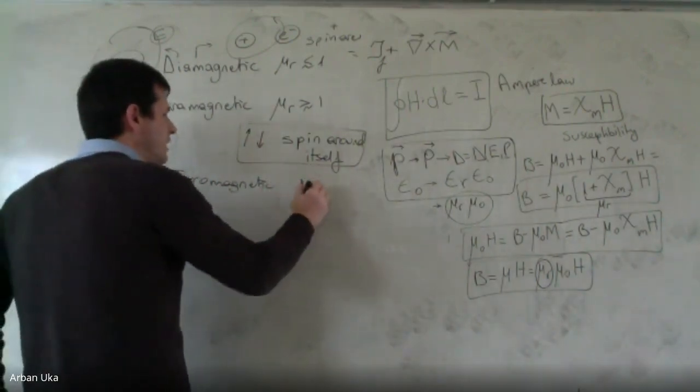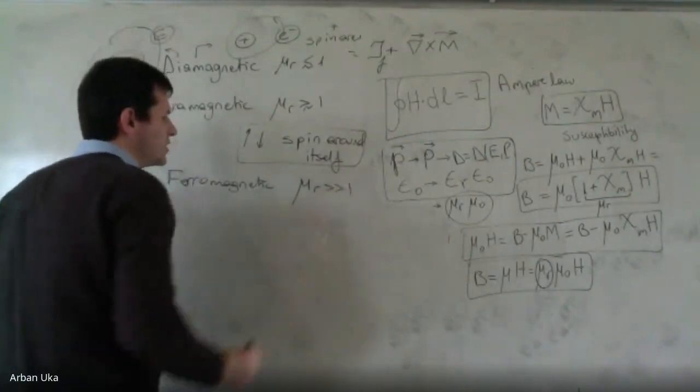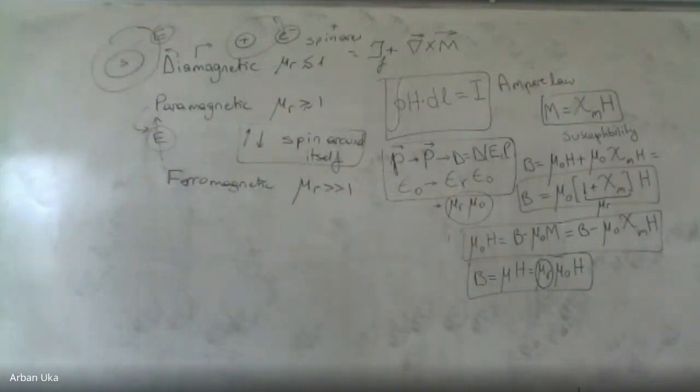This mu r is much larger than 1. And what we can say here is that the ferromagnetic materials are used a lot to strengthen the magnetic field that is applied in some region.